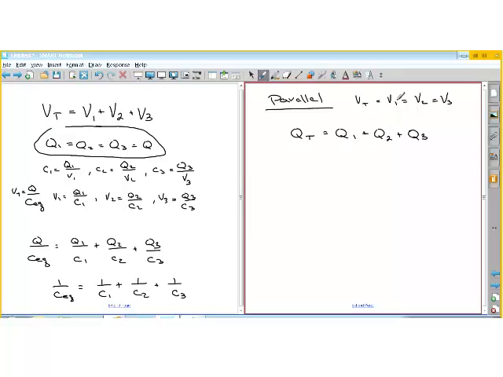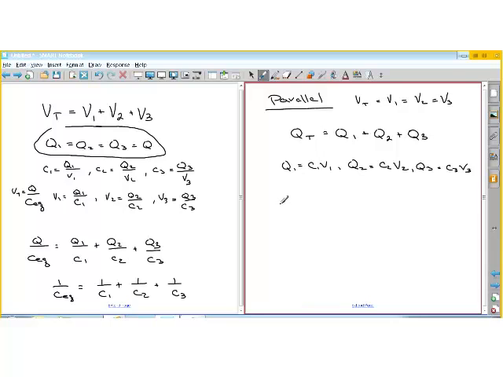So we do the same thing, where we're going to be able to cancel out the voltage, because it's the same for everything. And we're going to again use the definition of capacitance, but we're going to solve for Q. So if we take that, we get Q1 is equal to C1V1, Q2 is equal to C2V2, Q3 is equal to C3V3. Each of V1, V2, and V3 is 9 volts in our particular example.